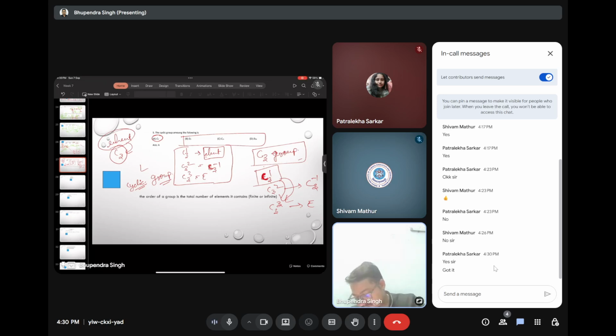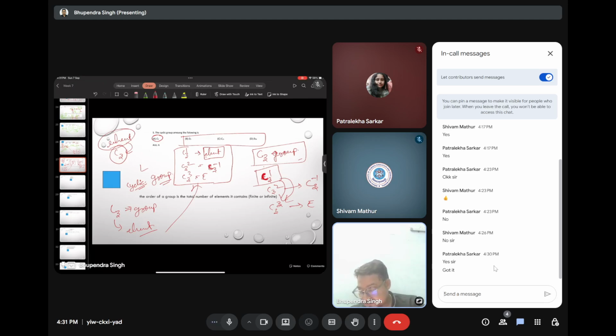Like in the previous one, C3 was our group in which we have a lot of elements. These were your elements. So the order of a group is the total number of elements it contains.